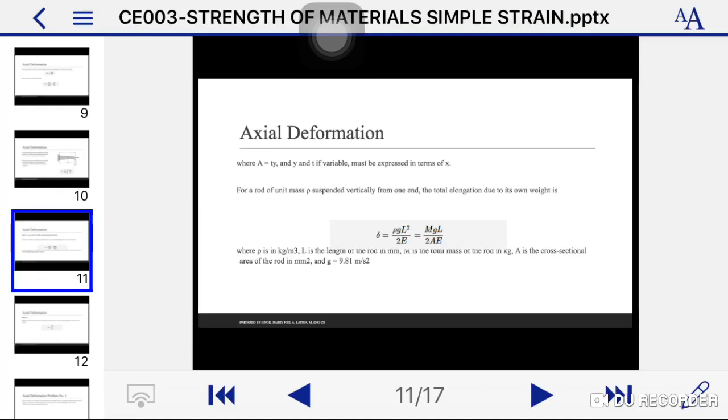Next, pag i-arrange natin yan, so MgL divided by 2AE, where rho is in kilograms per cubic meter, which is also a density, L is the length of the rod, M is the total mass of the rod in kilogram, A is the cross-sectional area of the rod in square millimeters, and g is equivalent to acceleration due to gravity, which is 9.81 meters per second squared.